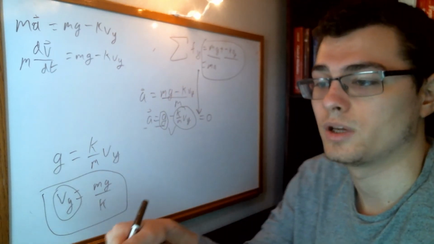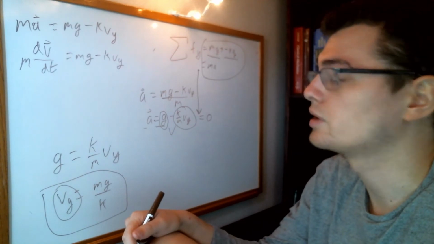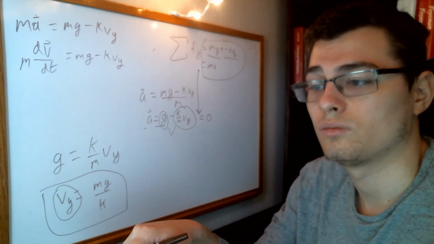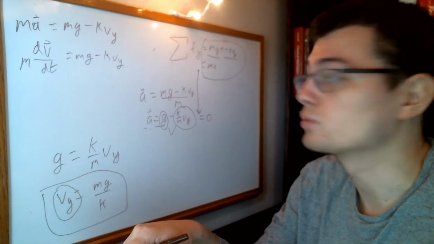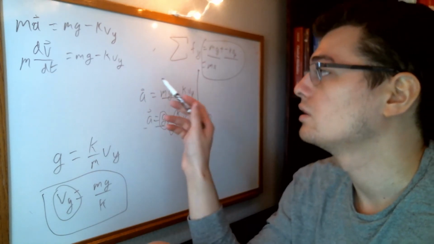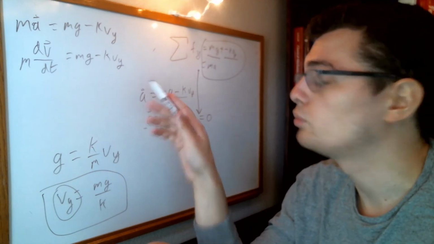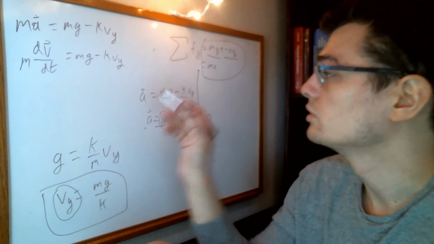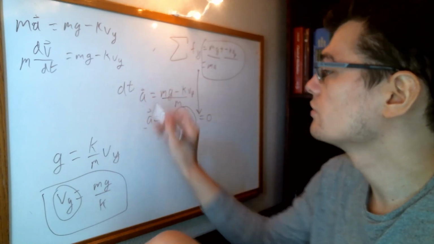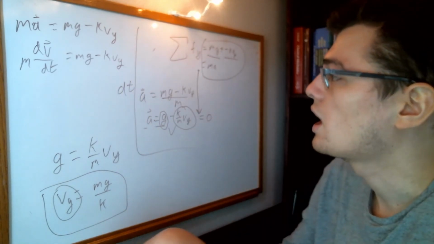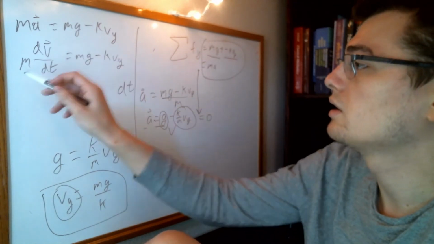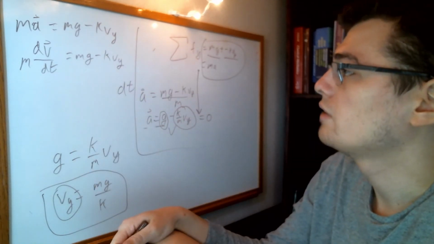And from here, we can perform something called separation of variables. What we're going to do is get all of the v terms to one side and move the t over to the other side. So you're going to have dt over here, and we're going to have k and vy over here.